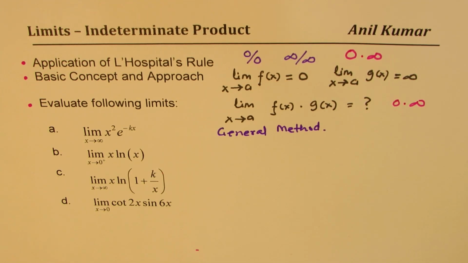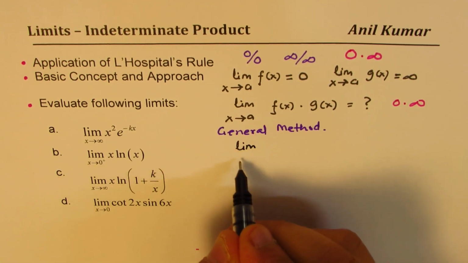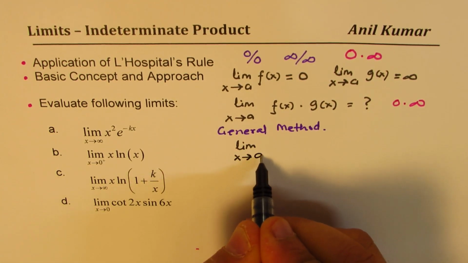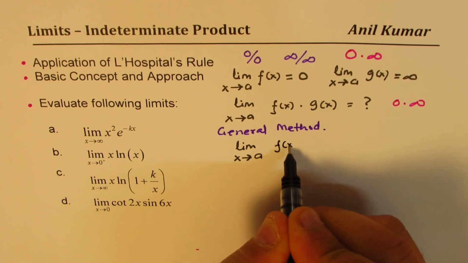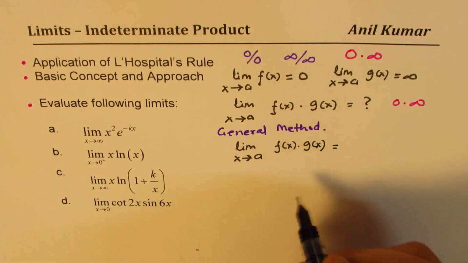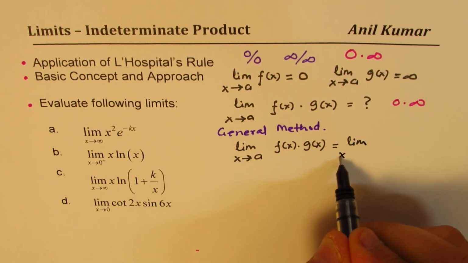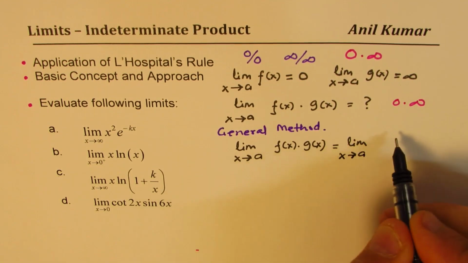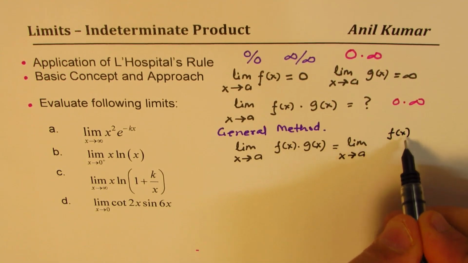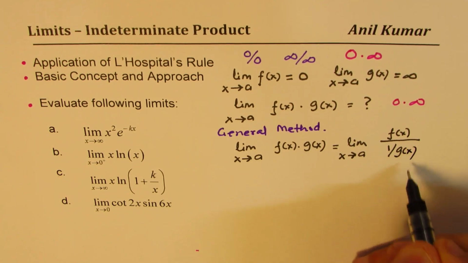So what we are going to do here is that when we try to figure out the limit as x approaches a for f of x times g of x, we could write this as the limit as x approaches a of f of x over 1 over g of x.